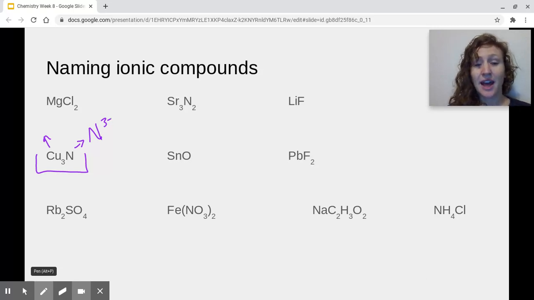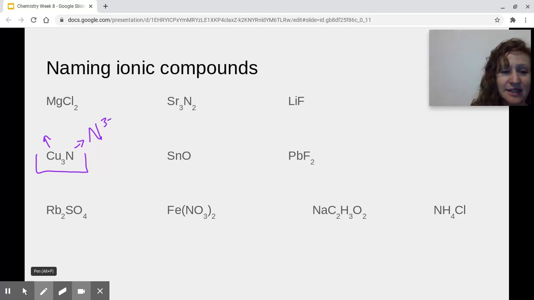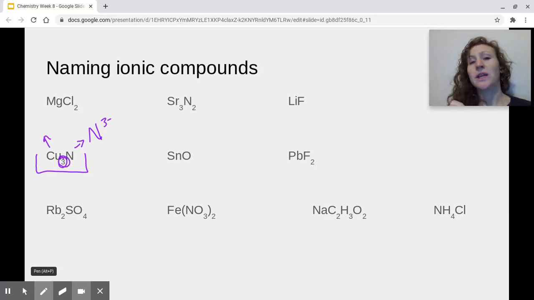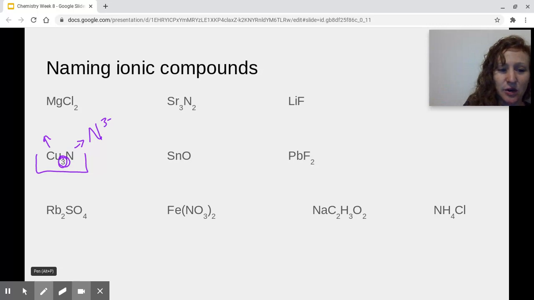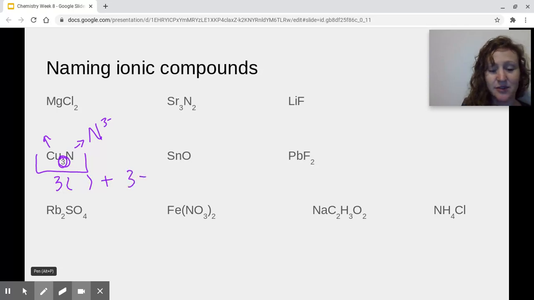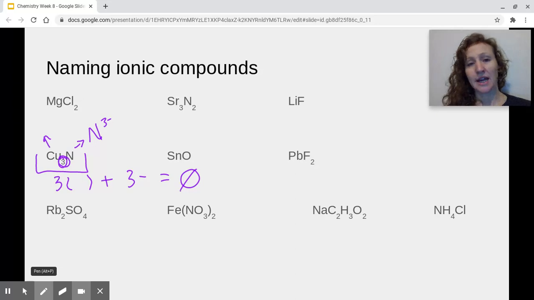So if I have an N3 minus and I have 3 of the charge, we can do a little investigating math and figure out what the charge of that copper is. So if I have 3 of a copper plus a 3 minus from the nitrogen, I know it's going to be a neutral compound. They're going to add up to 0.